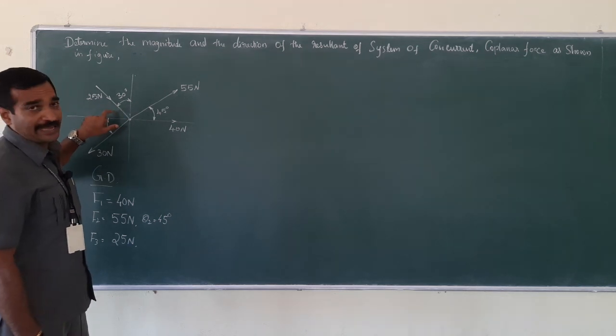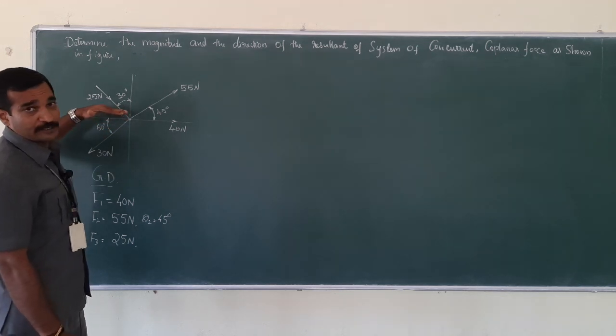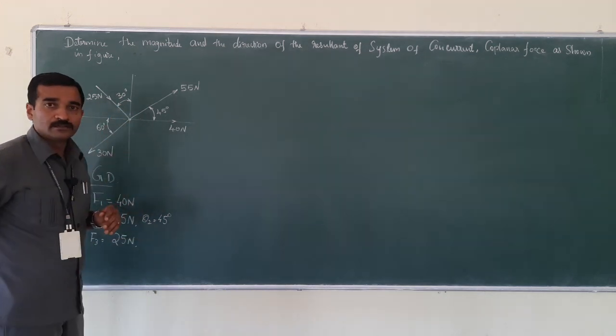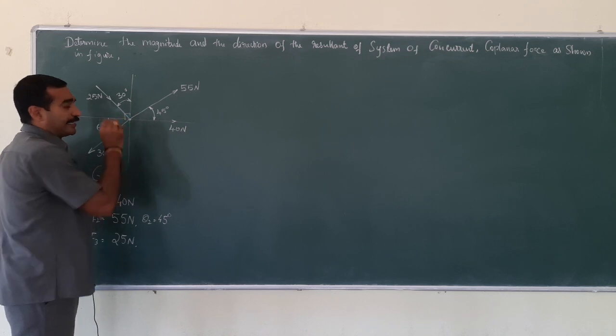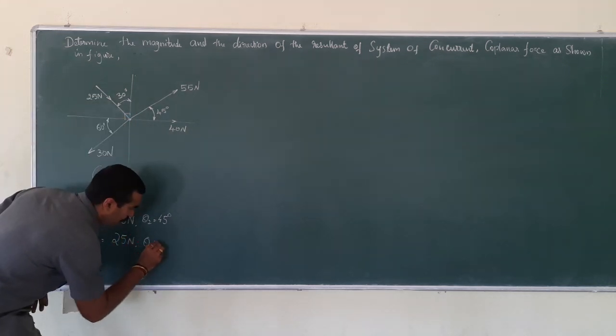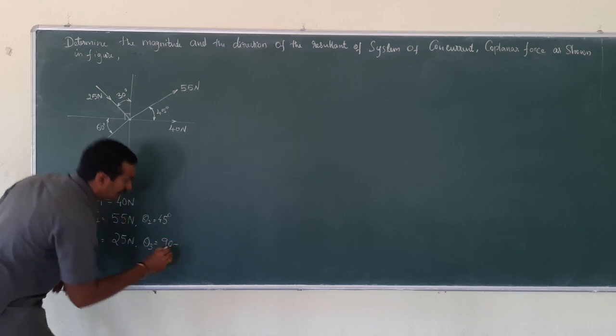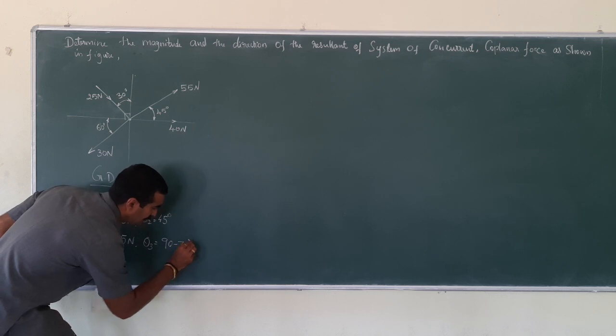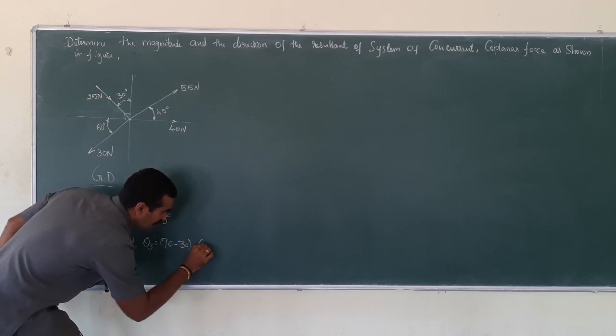So you need to find the angle with respect to the horizontal. What could this angle be? This quadrant is 90 degree. So theta 3 could be 90 minus this 30. So 90 minus 30 would be 60 degree.